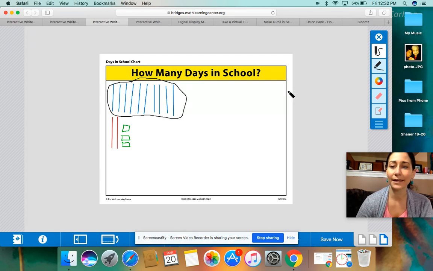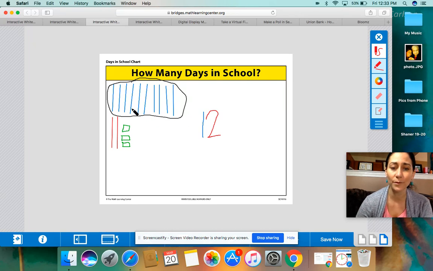So I'm going to write a 1 in blue to match it. And then, because we have one group of 100, we have some 10 rods left over here. There are 2 red 10 rods there.